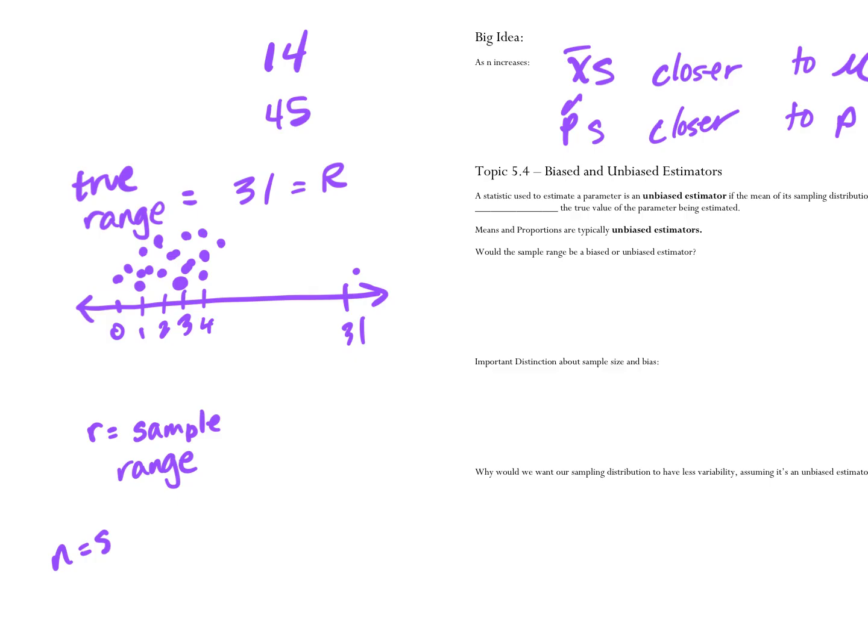So, you guys, based off of this graph, do you guys think our sample range is a good predictor of our population range? Why not? A lot of people in their 20s or 30s.